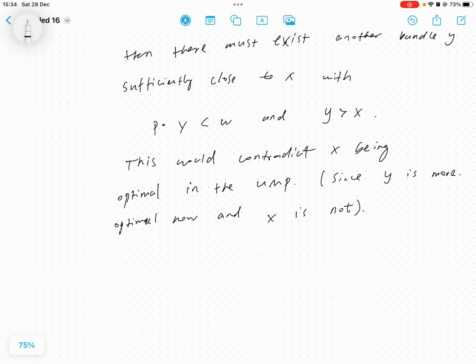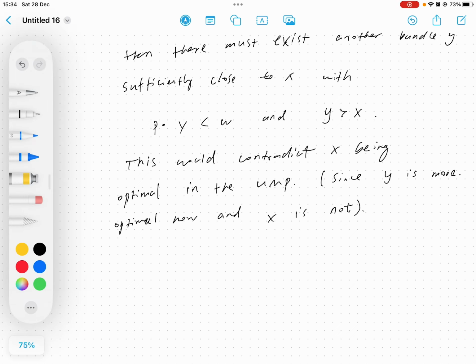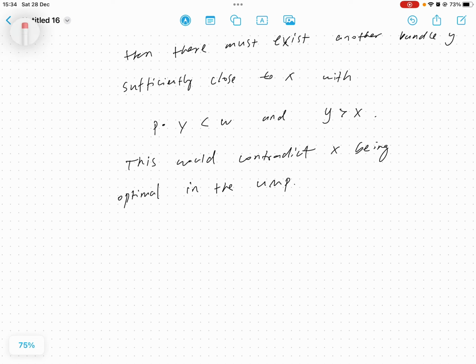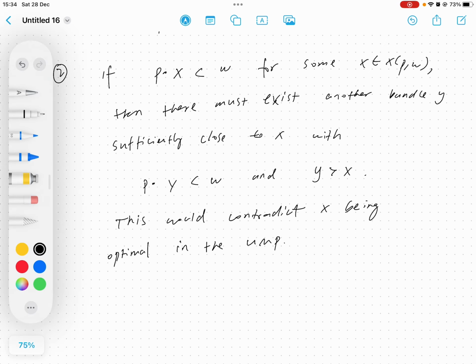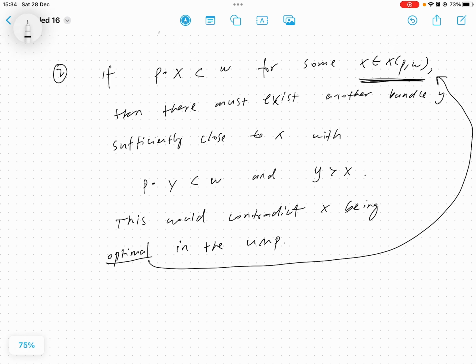We know that x is worse than y, but y still satisfies the budget constraint, so why not just choose y? So here x is not optimal, and it is contradictory to the starting point, where x is an element of the set and has to be optimal.